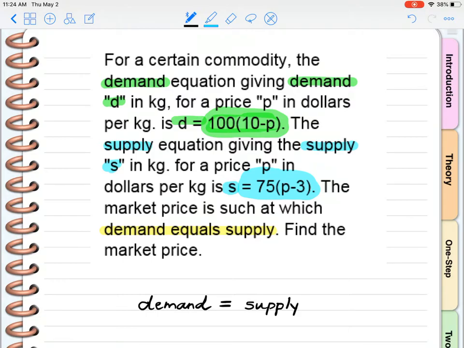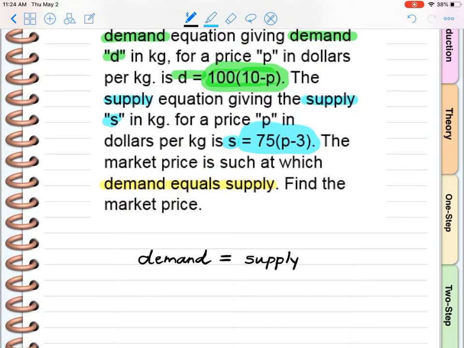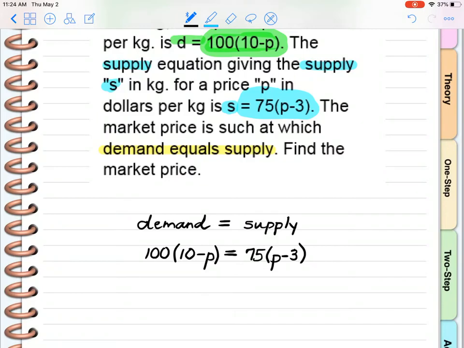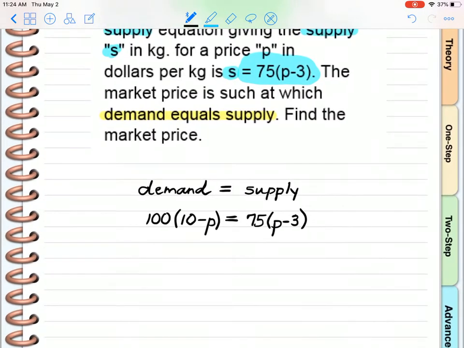So all I've done, I've gone through there and I've looked for these two words, demand and supply. Well, demand goes with this expression, and supply goes with this one. And the yellow statement says that these two things are the same. So if you can get this far, you can do this. This is not an easy problem.